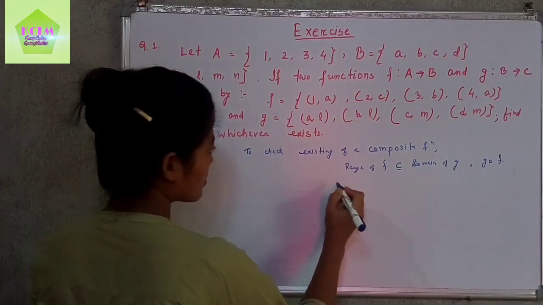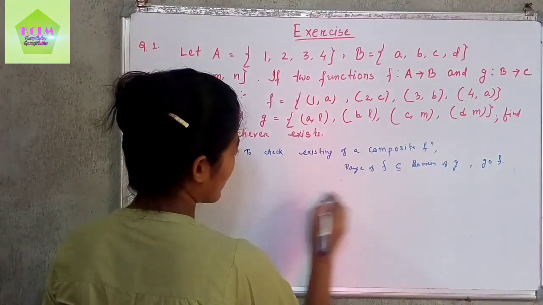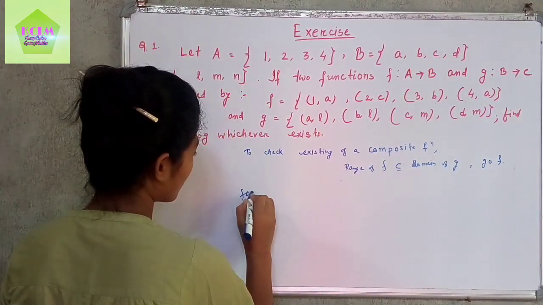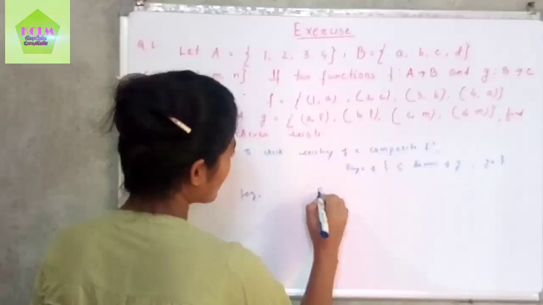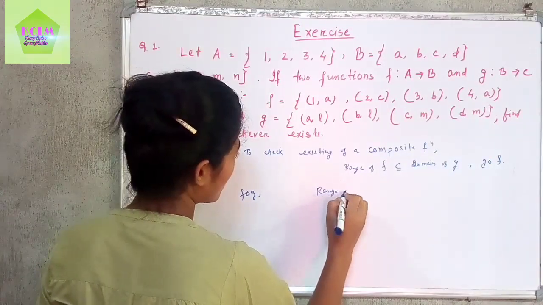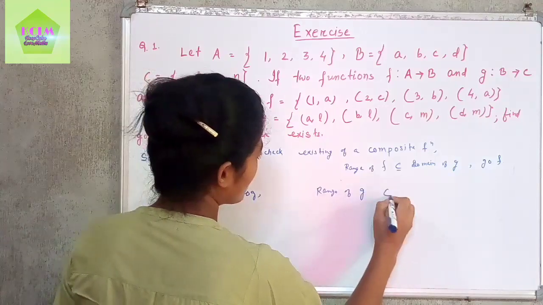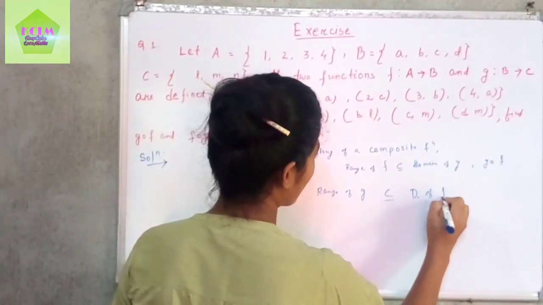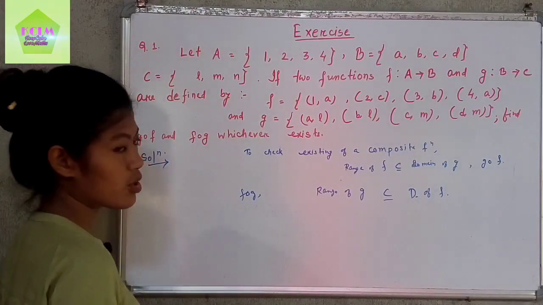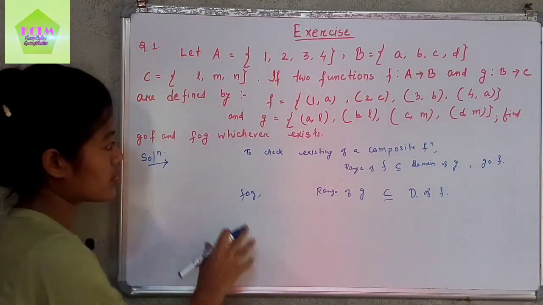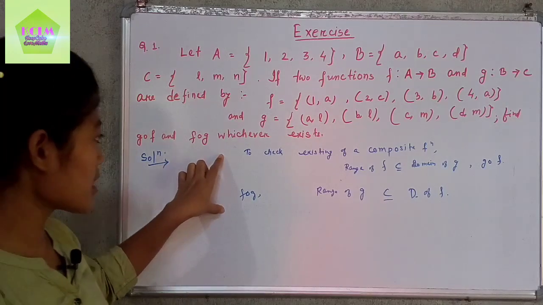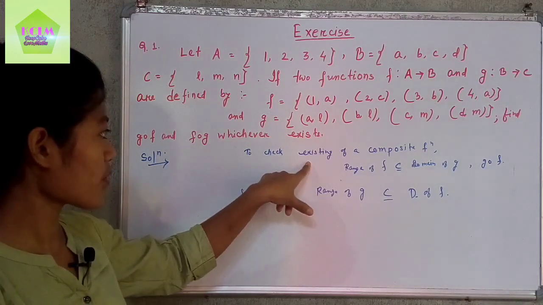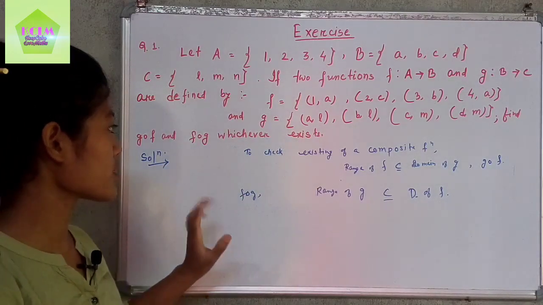And when the range of g is a subset of the domain of f, then we will get the composite function f∘g. So these are the key points to check the existence of composite functions.